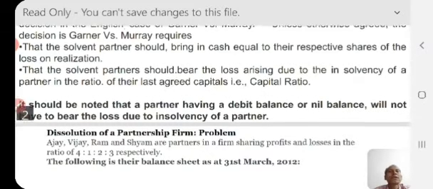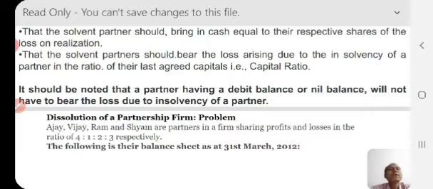It is a very important one. It should be noted that a partner having a debit balance or nil balance will not have to bear the loss due to insolvency of a partner.